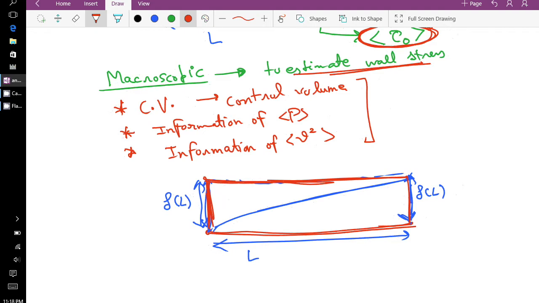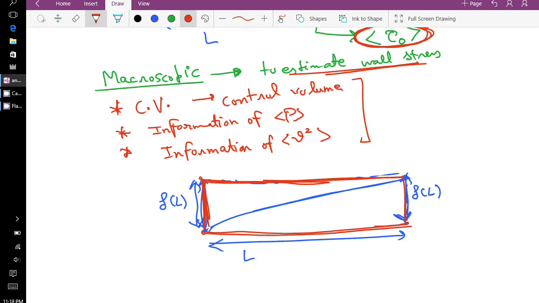This is something we have discussed. So we just care about the region where the velocity is changing, and we draw a rectangle here because this part has constant velocity, and here the velocity is a function of the y coordinate.